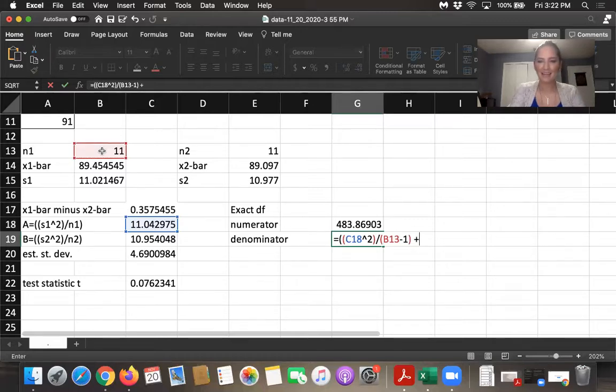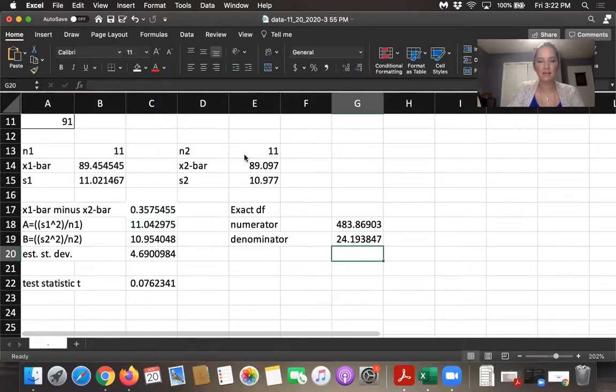And then we're adding that second fraction. And I want b squared over here. Here's my b. I want to square it. And then I want to divide by that sample size n sub 2 minus 1.